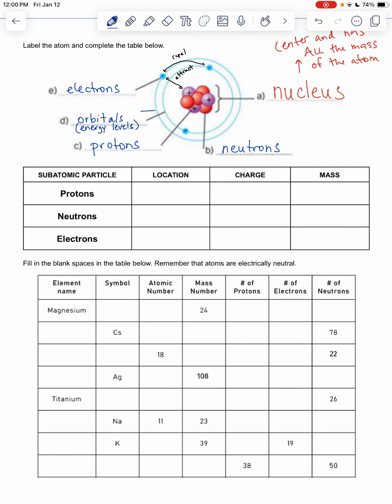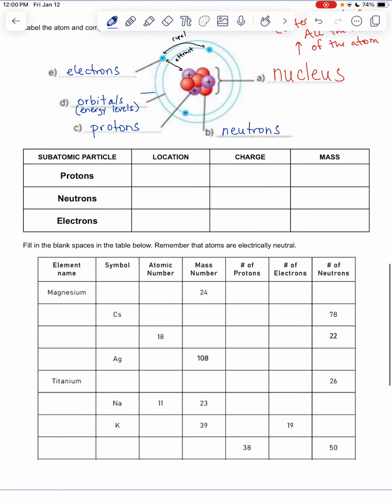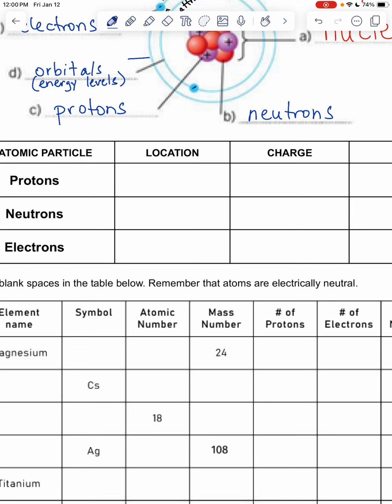So when we're going through this, and we're going to go through this all very quickly, the two things that are in the nucleus are the protons and the neutrons. And then outside the nucleus, or in orbitals, are the electrons.